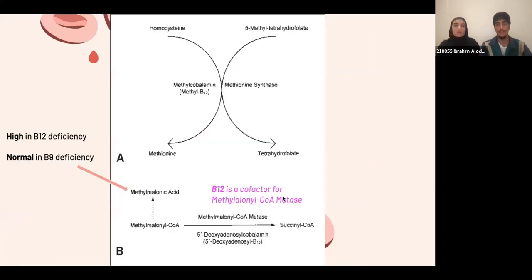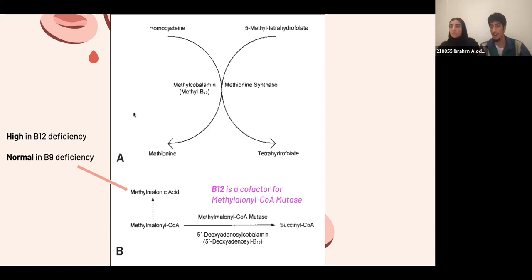Just for understanding's sake, MMA requires vitamin B12 in order to be converted into succinyl-CoA. So if you have a vitamin B12 deficiency, you're not going to be able to convert MMA to succinyl-CoA, thus increasing the serum MMA levels. In vitamin B9 deficiency, that's not a problem. But vitamin B9, I believe, is needed to convert homocysteine to methionine. And that's why when vitamin B9 is not present, you'll have increased homocysteine levels.